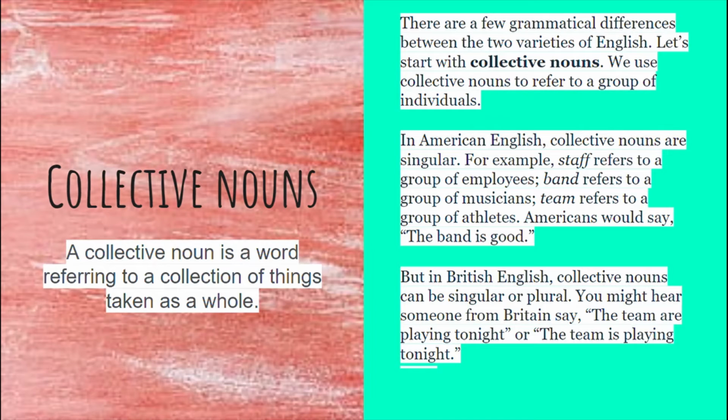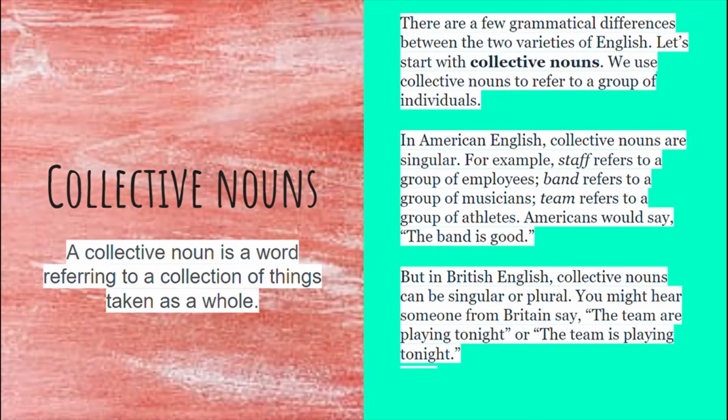For example, staff refers to a group of employees, a band refers to a group of musicians, and a team refers to a group of athletes. So, Americans would say the band is good, right? Now, if you remember the lesson we had on concord, there has to be subject-verb agreement. If you have a plural subject, you need a plural verb.